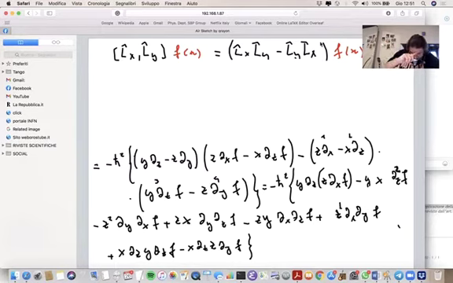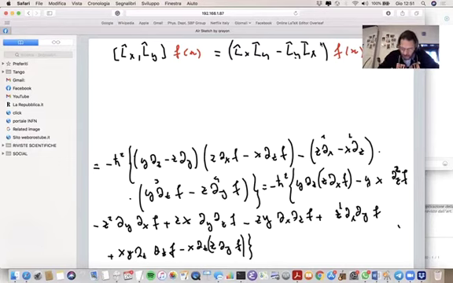Okay. Then what about here? y can be moved across. y dz. And okay, this cannot be moved because this is acting on all this. Okay, good.